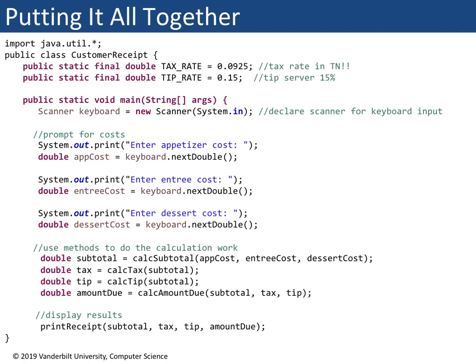So we have 2 class constants. The first is a double called TAX_RATE, and the second is a double called TIP_RATE. Then in our main, we have a Scanner called keyboard, which we will use to get input from the user. This is the reason that we imported java.util.*.